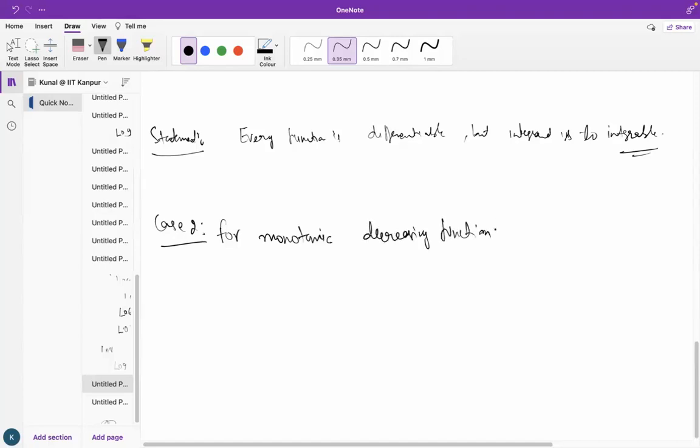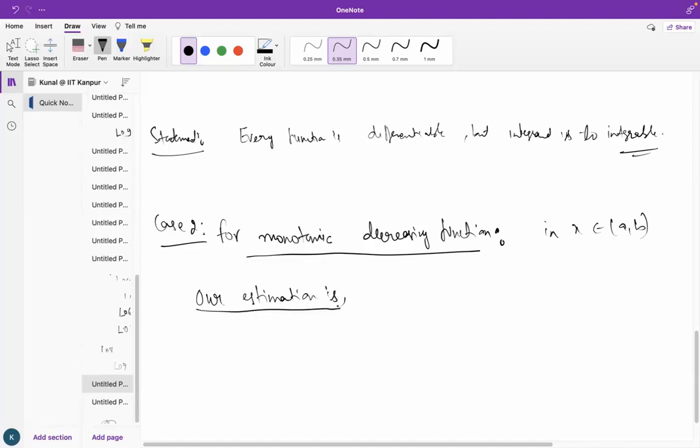We first saw the monotonic increasing function; now we are dealing with the monotonic decreasing function in x belonging to A to B. So our estimation is: the integration of f(x) dx from A to B is less than or equal to the integration of f(A) dx from A to B and greater than or equal to the integration of f(B) dx from A to B. So this is our estimation.